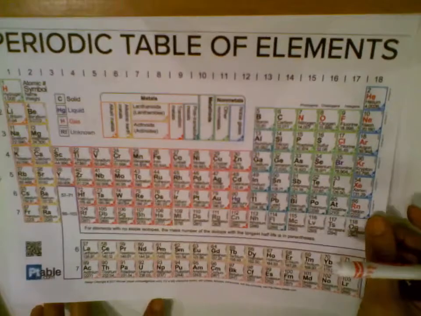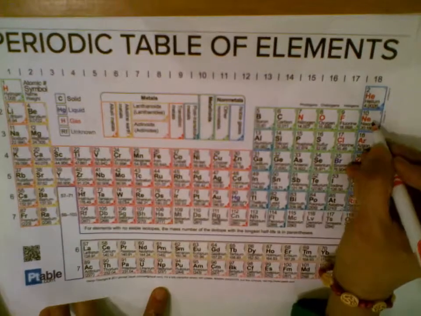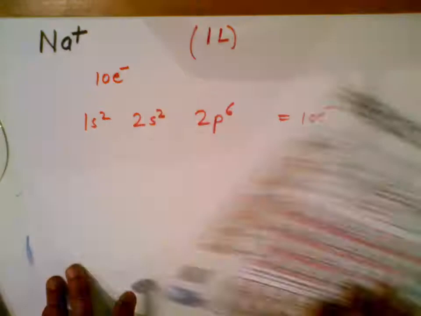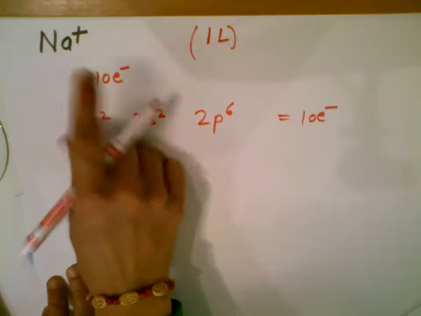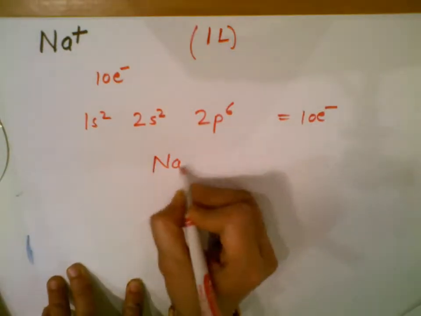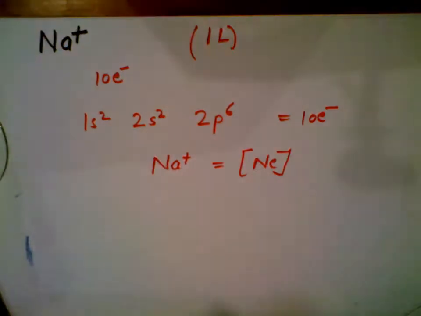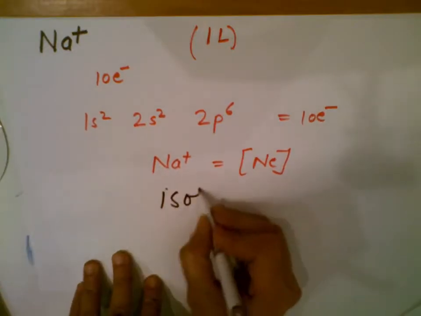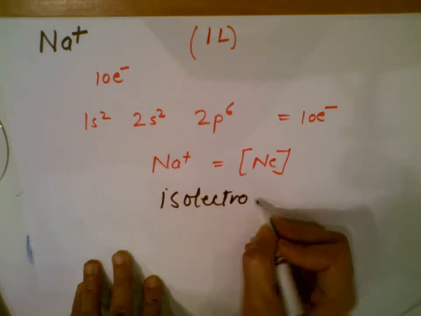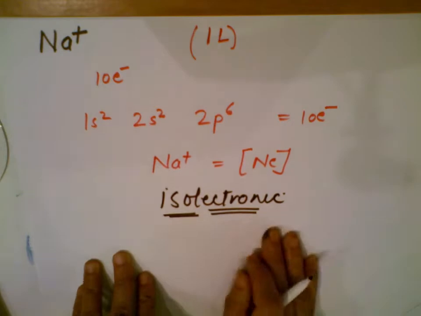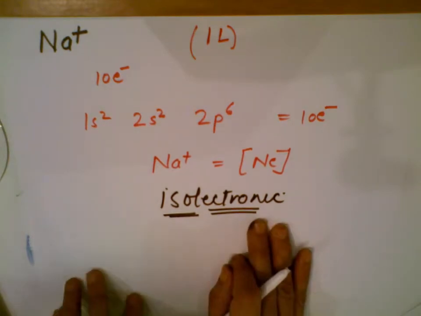And then that is my neon. That's our neon. Neon has 10 electrons. So what is happening here? By losing 1 electron, sodium became isoelectronic with neon. So this ion and this atom are isoelectronic. Iso means same, and what is the same here? The same electron configuration.